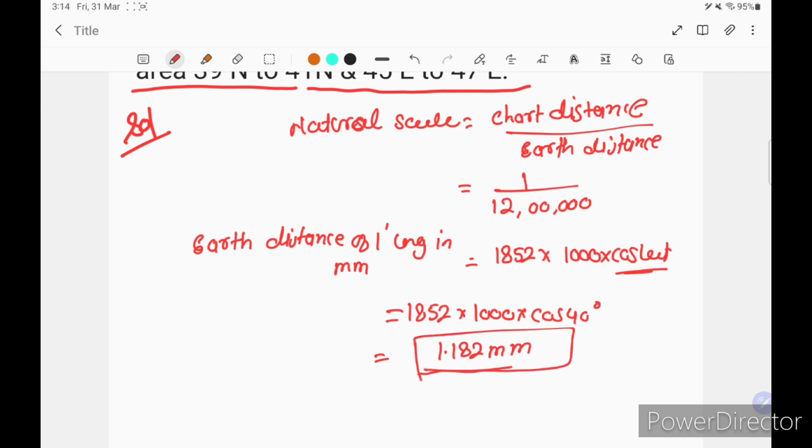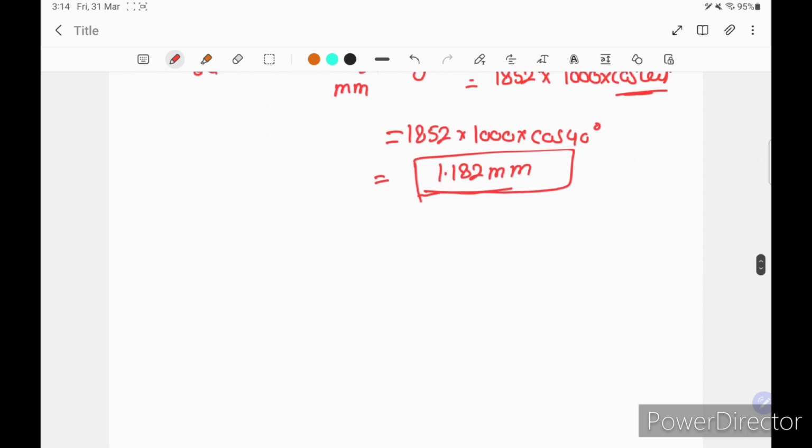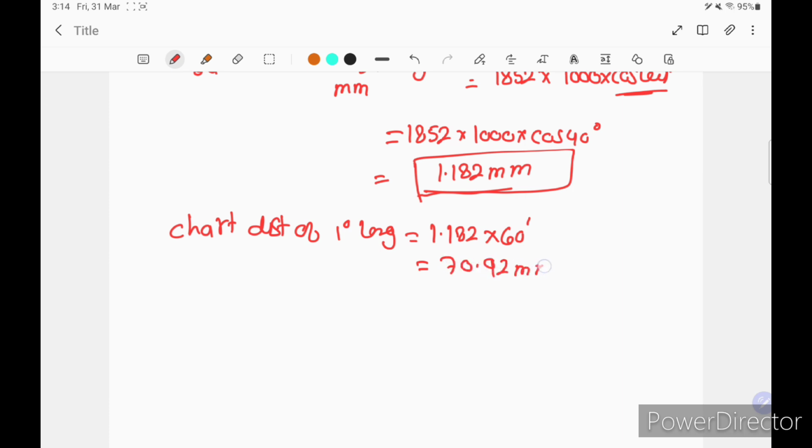Then we proceed forward. Chart distance of 1 degree longitude is equal to 1.182 into 60, so we get 70.92 mm.